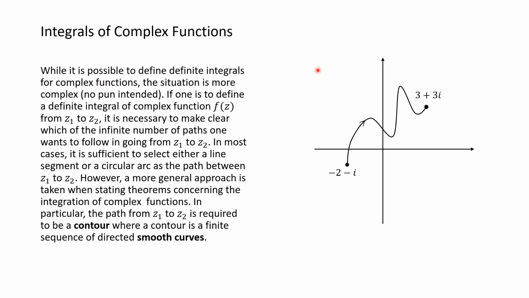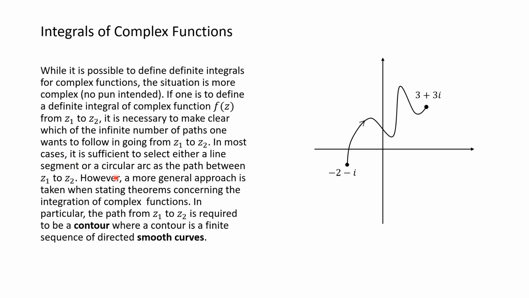While it is possible to define definite integrals for complex functions, the situation is more complicated. If you're going to define a definite integral of a complex function, say f of z, between points z1 and z2, you need to make clear what is the path that you take between those 2 points.